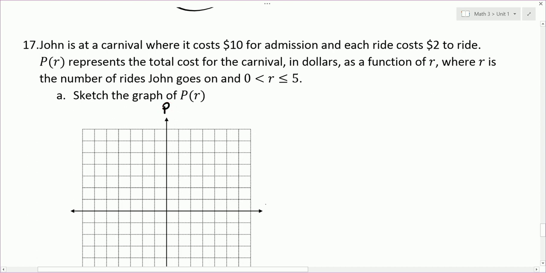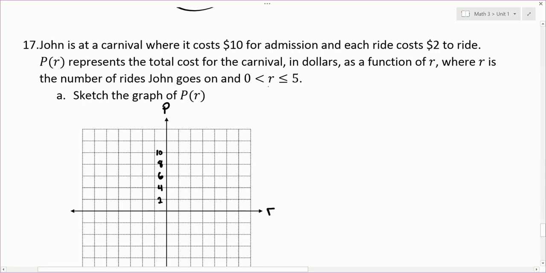P is our price, R is how many rides you're going on. So at 0 rides, you'd end up paying $10. We need to decide on our scale here. I'm going to go by 2s. So 2, 4, 6, 8, 10. And so if John gets into the park and doesn't go on any rides, he's going to pay $10.